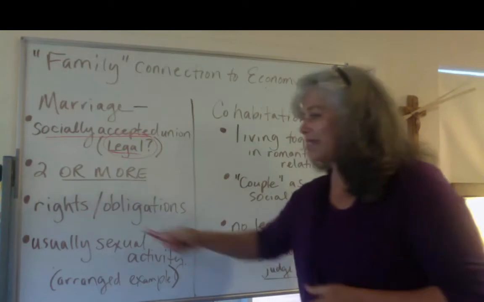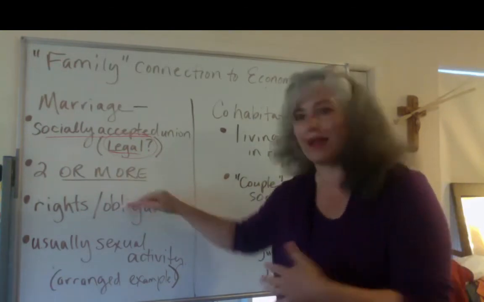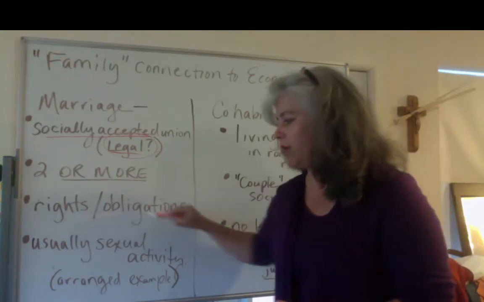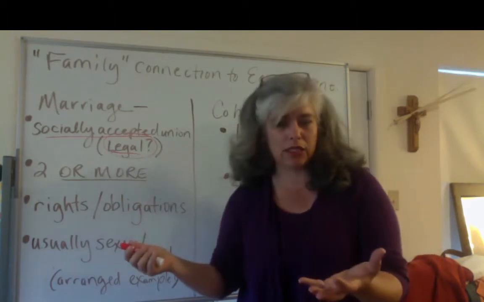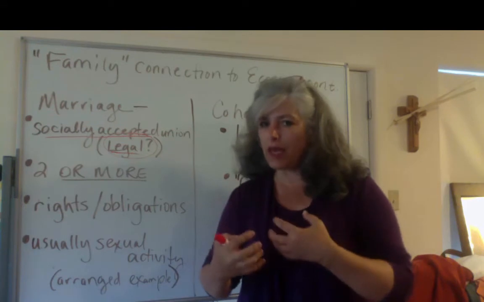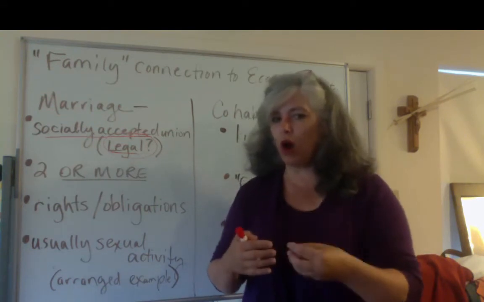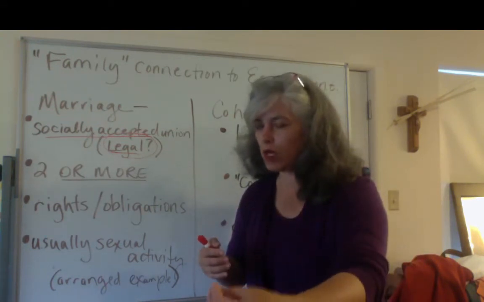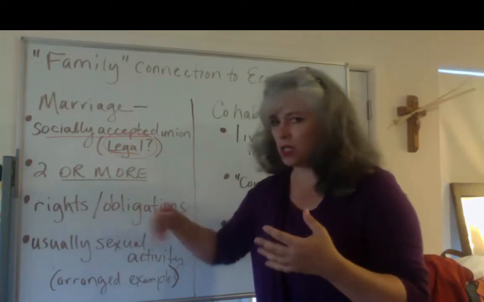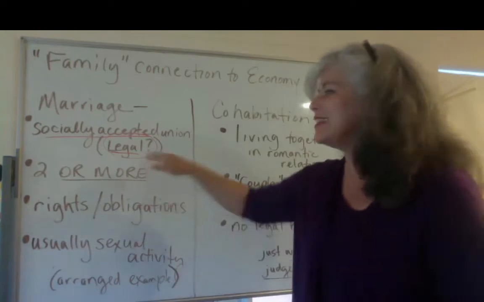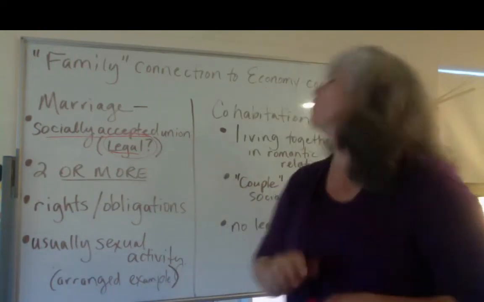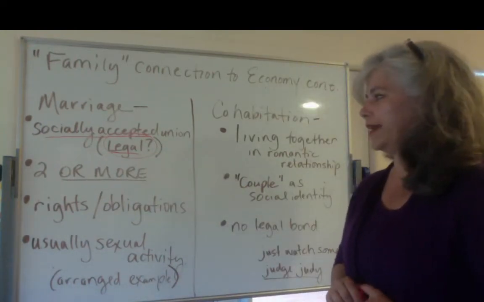But when we get down to this next bullet point, or one of the next bullet points on our list, the rights and the obligation thing, there's going to be additional legal aspects that are tied up in the fact that you are legally married to someone that rights and obligations covers, or is affected by this legal arrangement. So we'll talk about that in just a second.